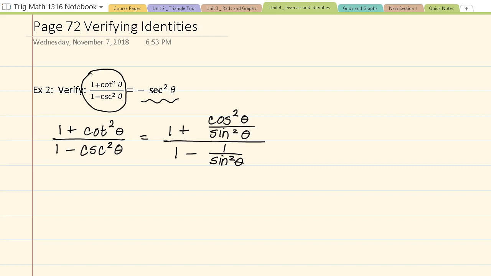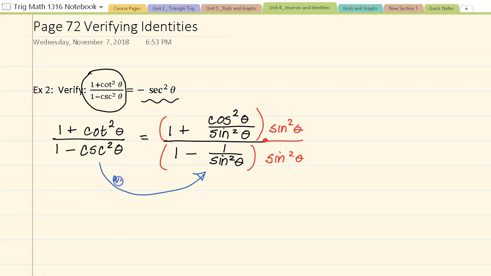But what I'm going to do is multiply the numerator by sine squared of theta, and multiply the denominator by sine squared of theta. Notice what I'm doing is actually just multiplying by a magical 1, is what I call it. So I'm going to write that down: we change the way we write cotangent squared and cosecant squared by using sine and cosine.